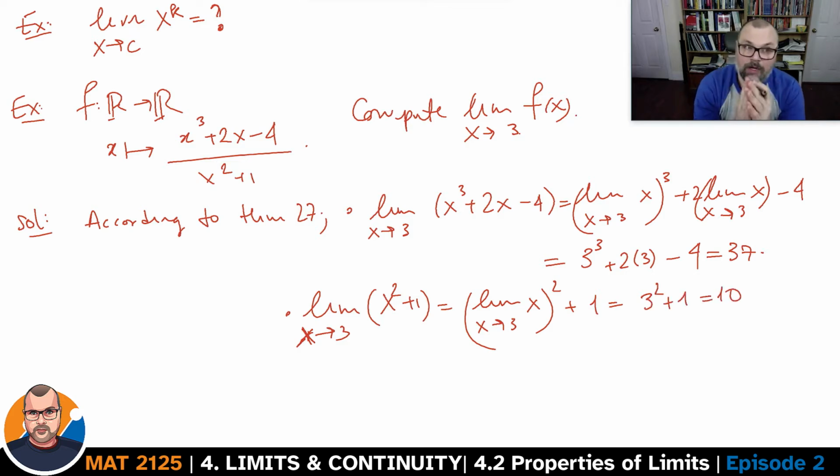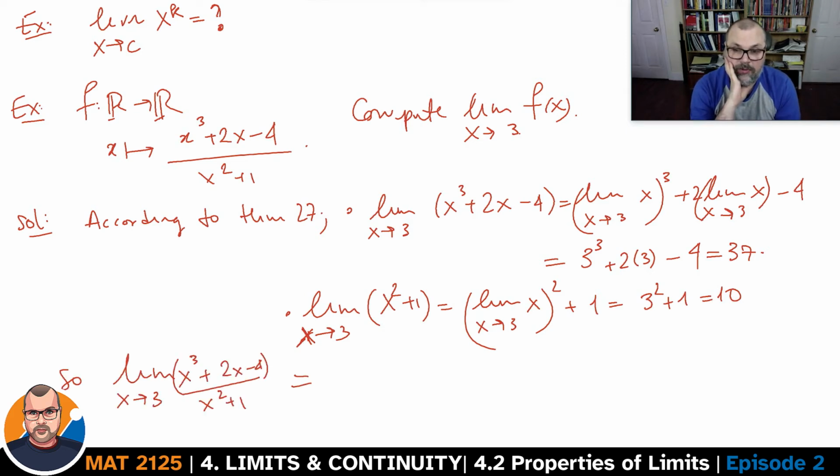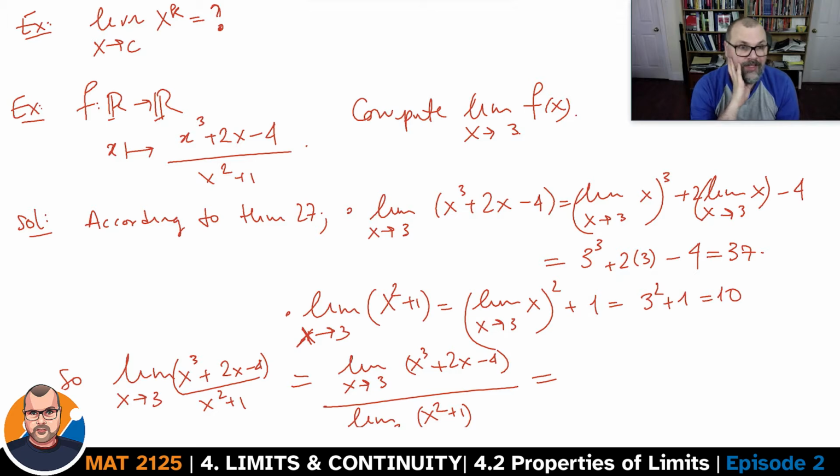Now, if I want to be able to say that the limit of this quotient is equal to the quotient of the limits, it is not sufficient that the limit here be different from 0, which it is, it's equal to 10.